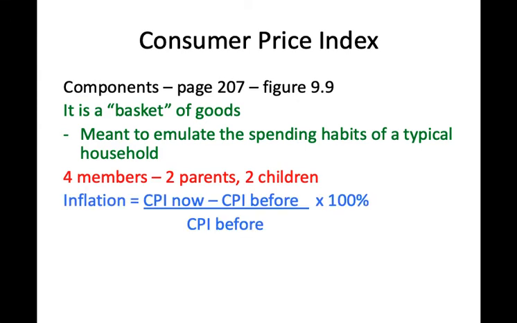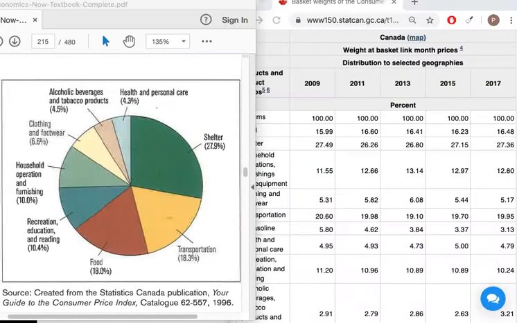And so now we'll take a time to actually look at what the CPI is so we can have a better handle on the imagery of it. The first image I want you to take a look at is on your left. This pie chart is taken from your Economics Now textbook, and this is the Consumer Price Index for Canada in 1996.